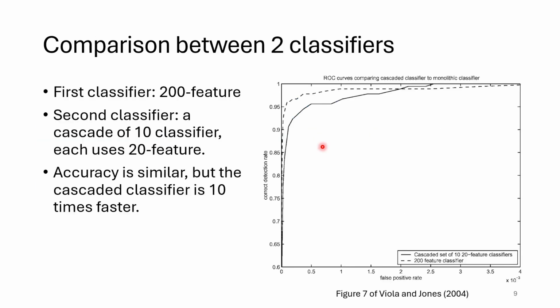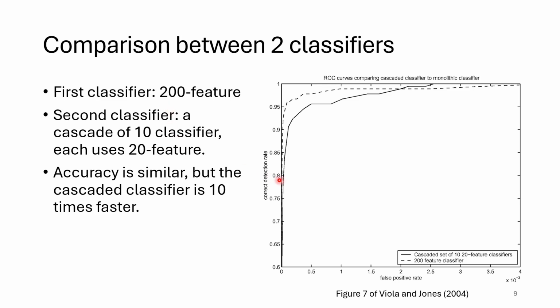They have a sanity test. Here you can see there are two lines: this is the solid line, and this is the dashed line. They both use the same number of features, 200, but they are designed in two different ways.